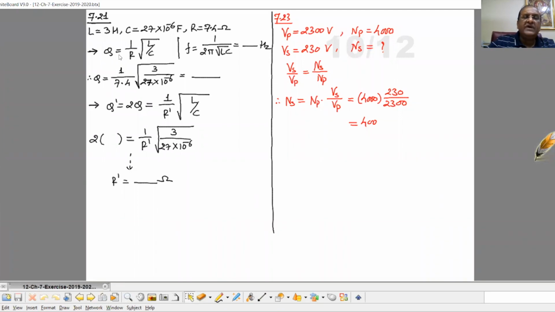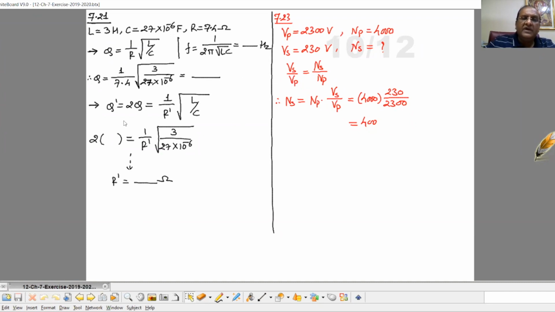Then after Q factor, that is 1 by R root L by C. So 1 upon R, that is 7.4, root L that is 3, C that is 27 into 10 raised to minus 6. Solve this one, you will get the answer.